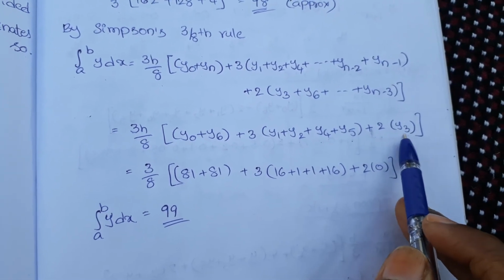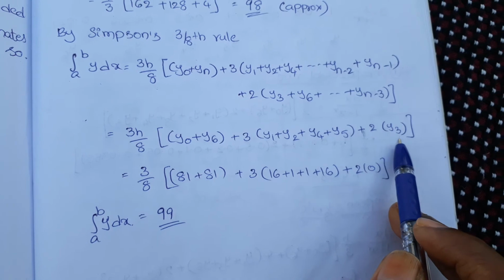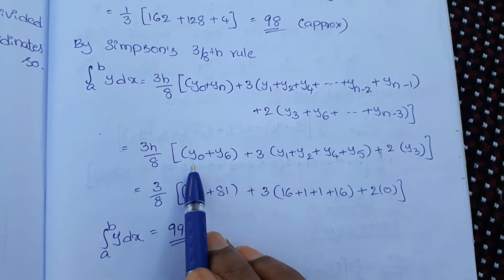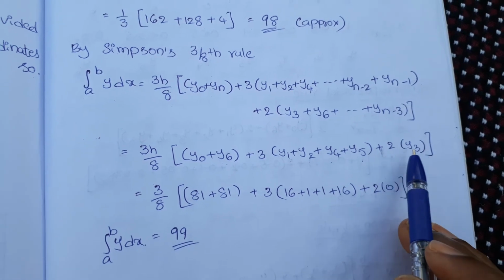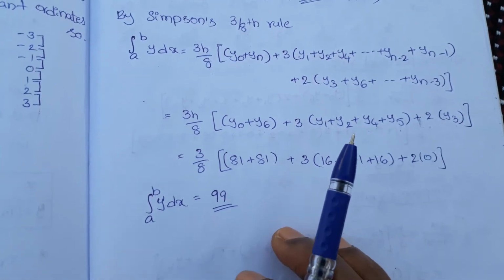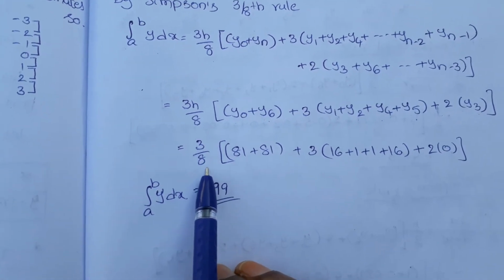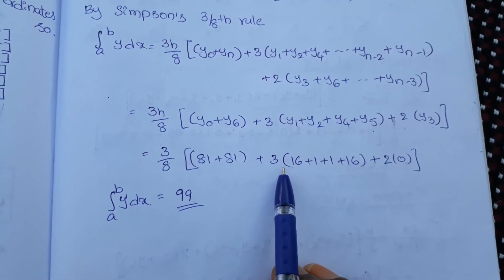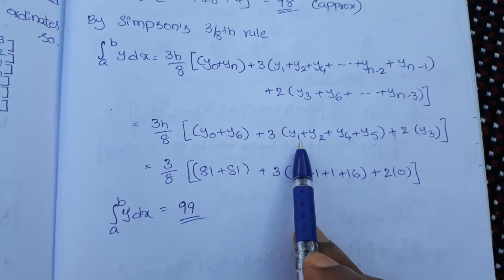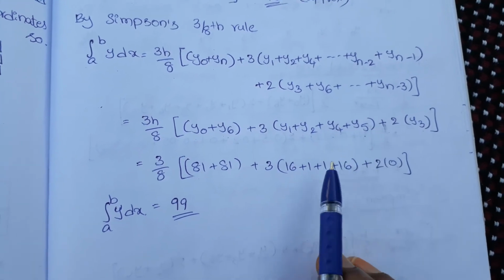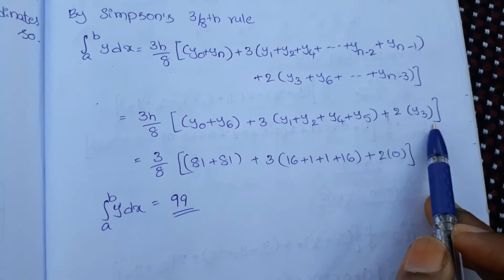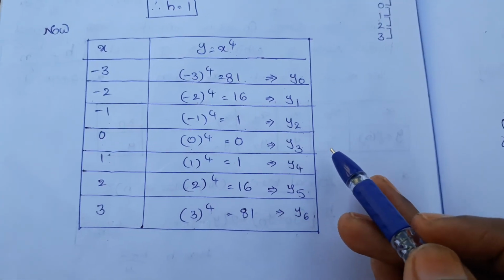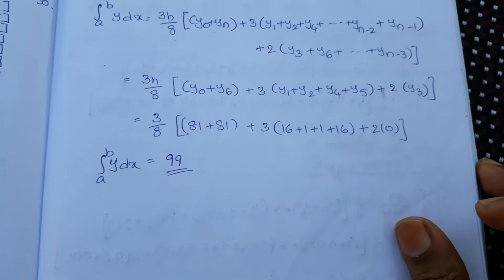Up to 6 there is 3 only, that means y3 only, because y6 is already here. Then plus 3 into the middle values y1 plus y2 plus y4 plus y5, and y3 is 0 from this table. So substitute here.